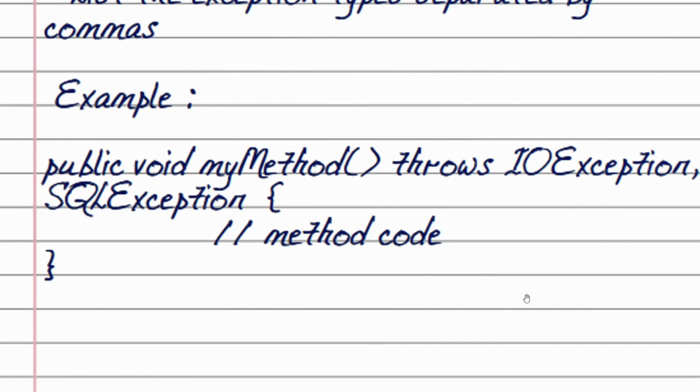If there is more than one exception, we can handle them through the throws keyword: IOException, that is the input output exception, comma SQLException. This method does not handle both exceptions. It will pass these exceptions to its caller.